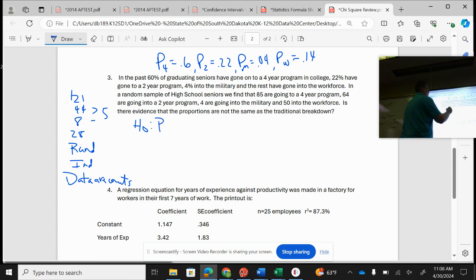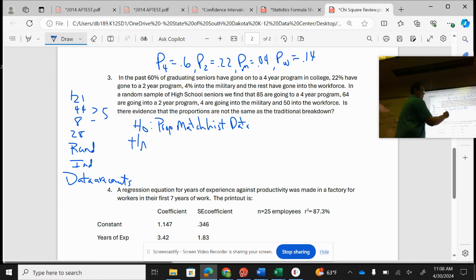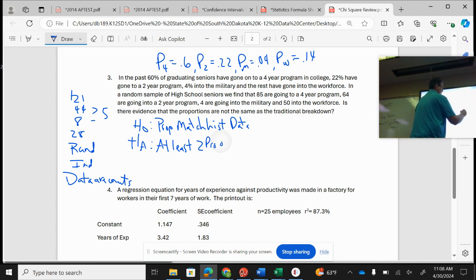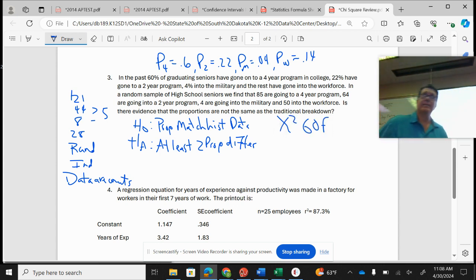Or the proportions match the historical data. So either that could be the null or that, but then the alternative, remember, is at least 2 proportions differ. This is the chi-squared goodness of fit test.